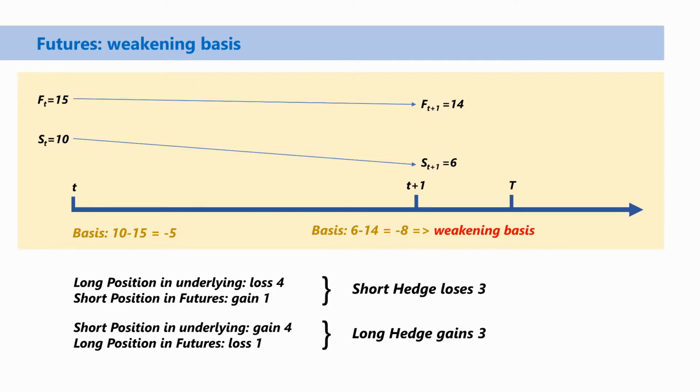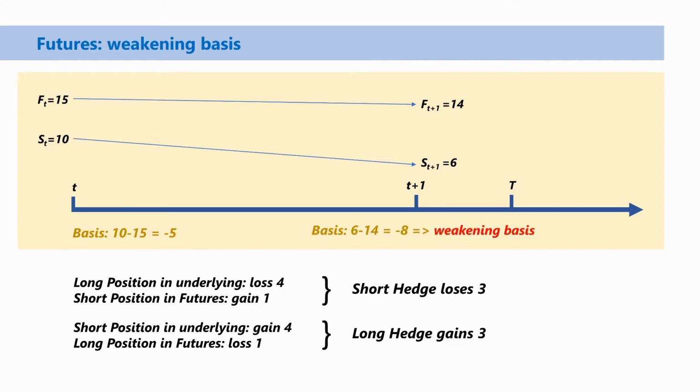A trader who is short in the underlying, who needs to buy the underlying in time t plus 1, should be happy about the decline, and yes, he has a gain of 4 compared to the price in t. The long position in the futures loses 1 because the price of the futures goes down, so the long position in futures suffers, but only by 1. So the long hedge in total gains 3.